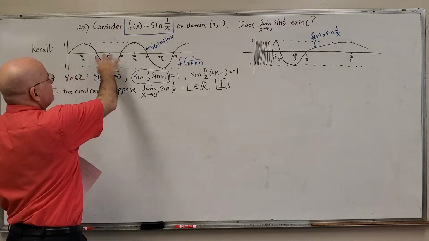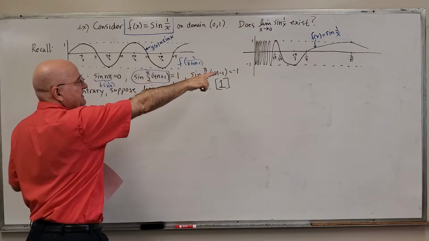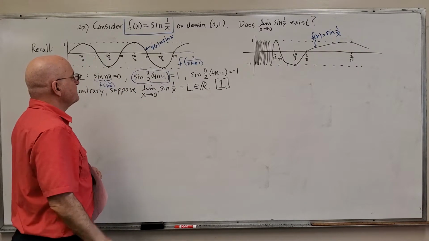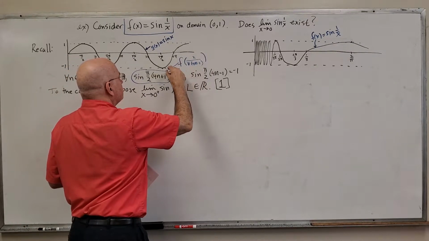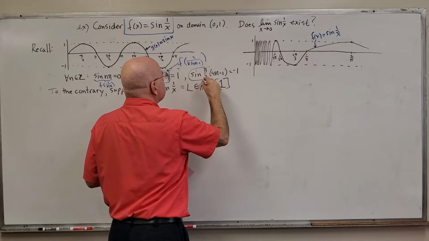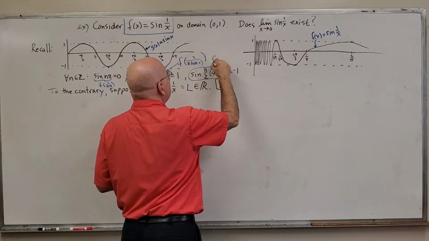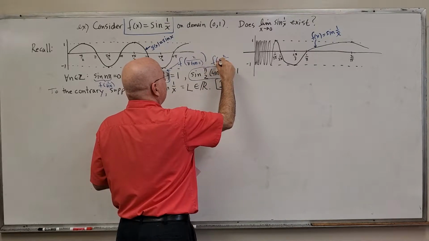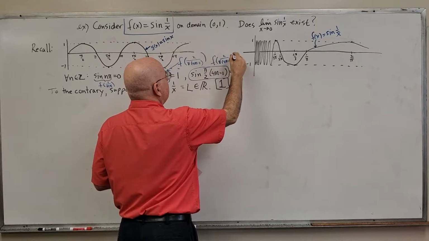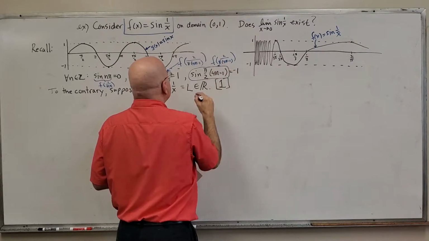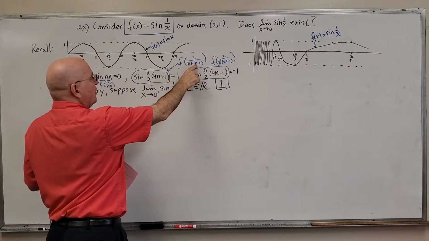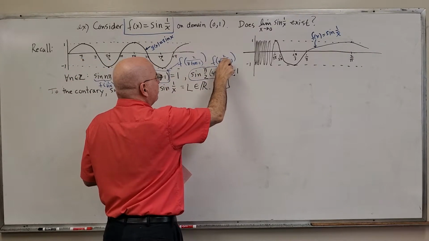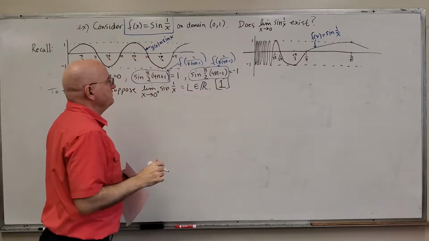So I graphed g of x equals sine x just to help me graph f of x equals sine of 1 over x. And then this would be f of the reciprocal of this, which would be 2 on top, and then pi times 4n minus 1 on the bottom. So f of this number for all n is equal to 1. f of this number for all n is equal to negative 1.